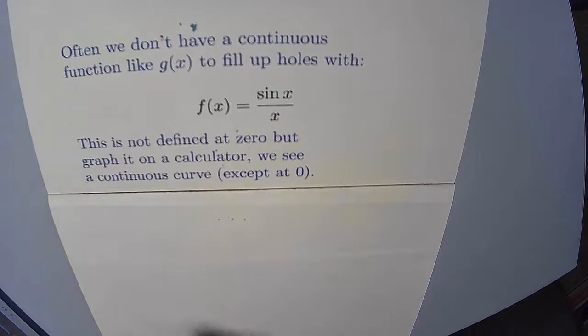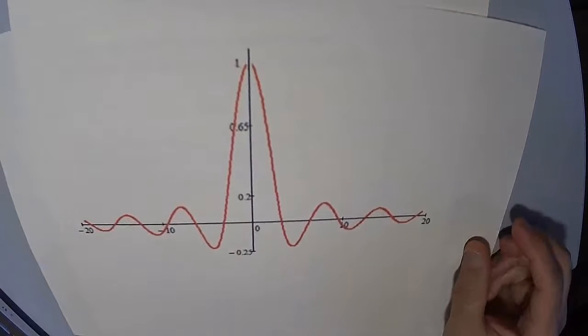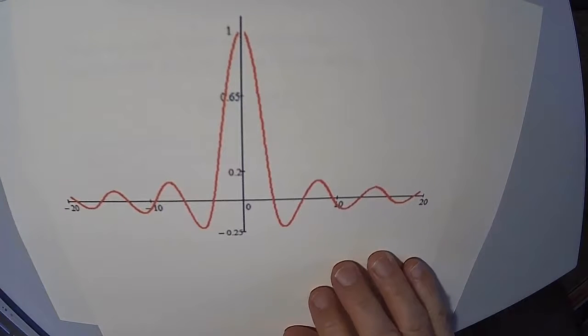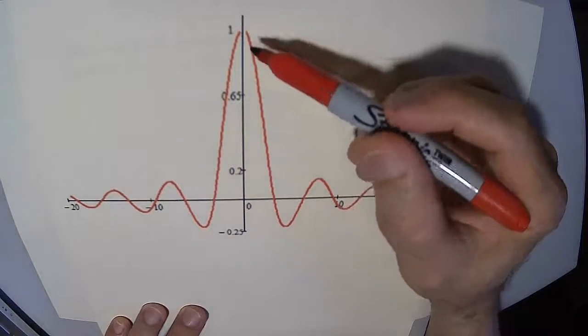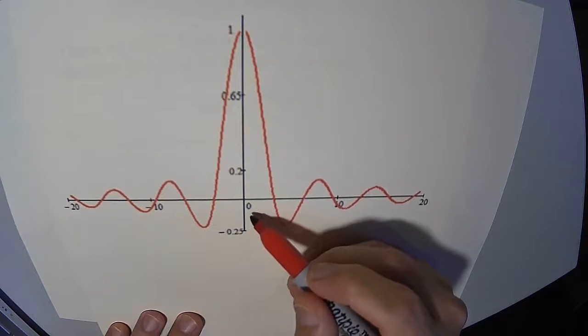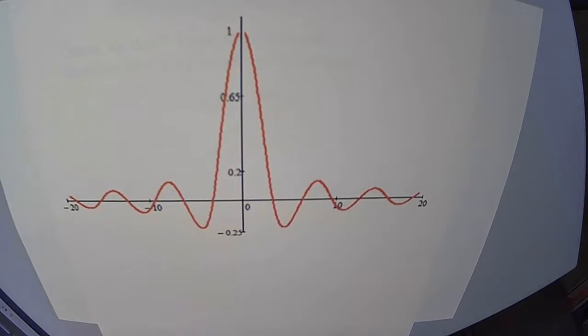I've done that and gotten this curve here. You'll notice that it is a continuous, nice, smooth curve, and of course it has a gap where 0 is. So let's see what we can learn from this graph.